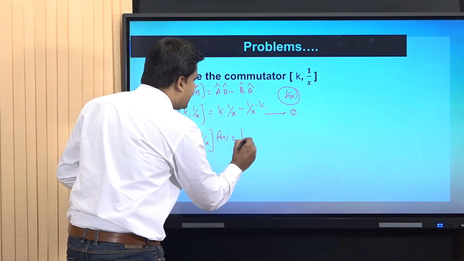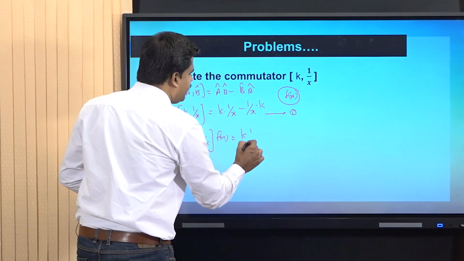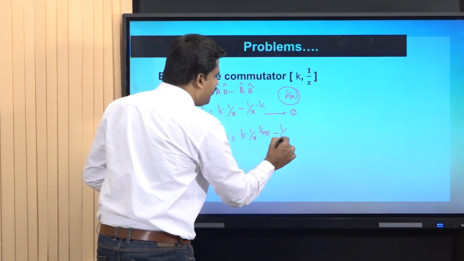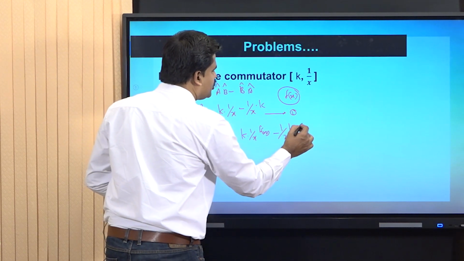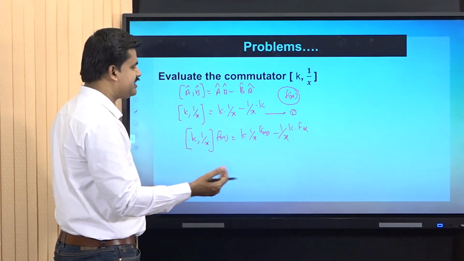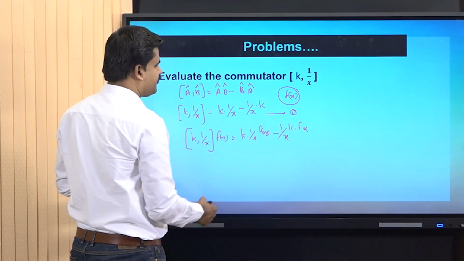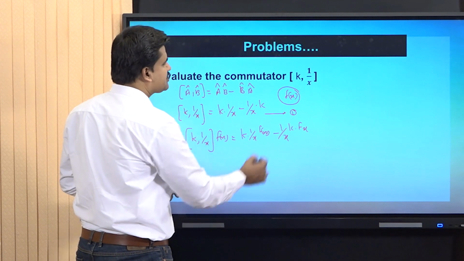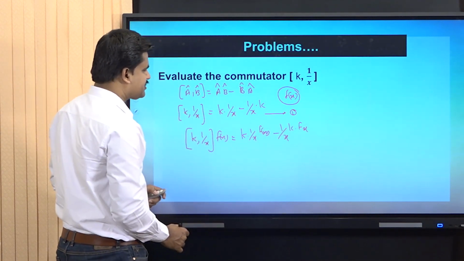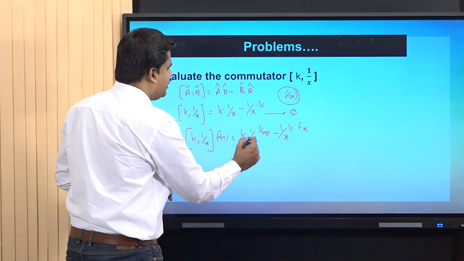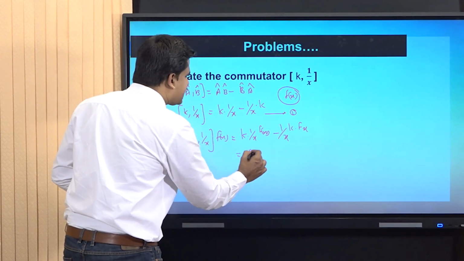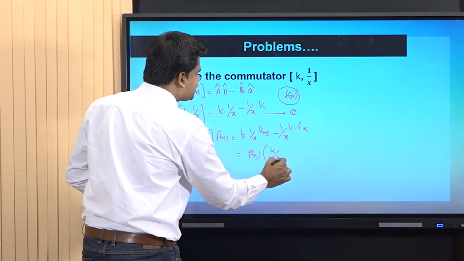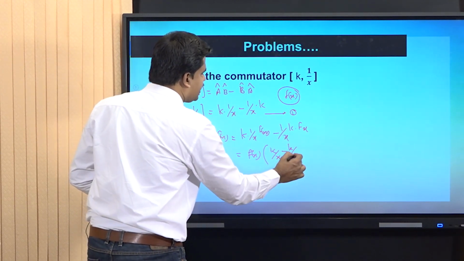That is K into 1 by x f of x minus 1 by x K into f of x. It is clear that K into 1 by x f of x is the same as 1 by x into K into f of x. That is, I can put it like this: f of x can be taken outside, f of x into K by x minus K by x.